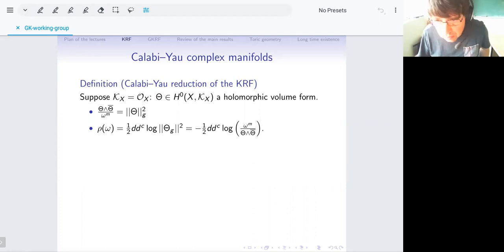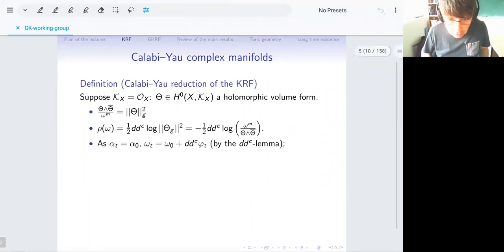So I can rewrite this identity as saying that the Ricci form is minus 1 over 2 dd^c log of the Kähler form to the power m divided by this fixed universal volume form. Okay, so just using this global section, I have this nice expression.